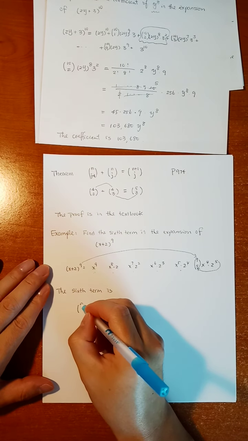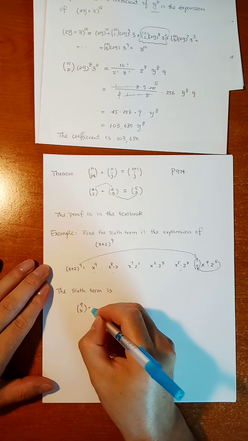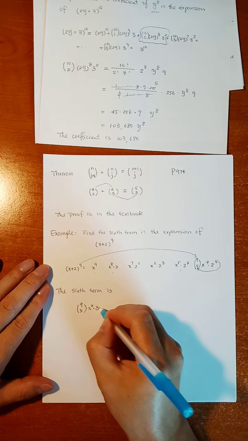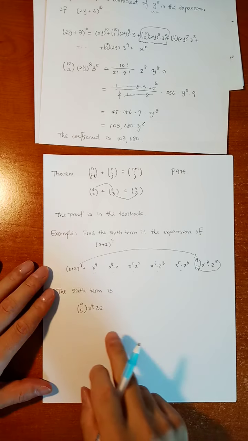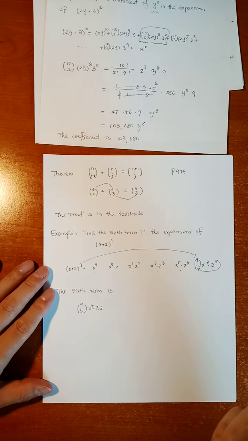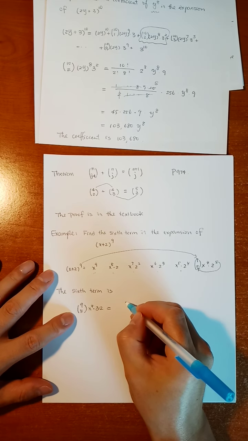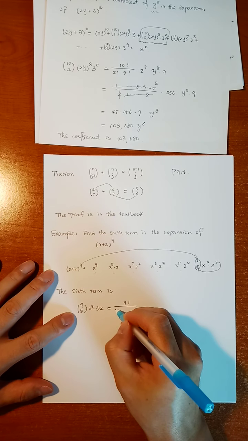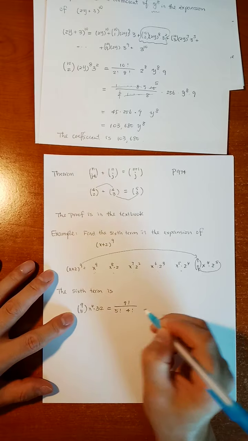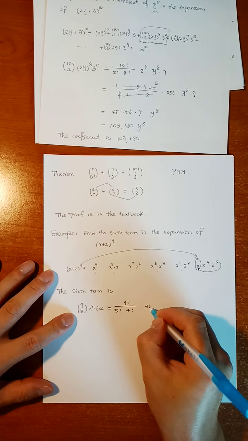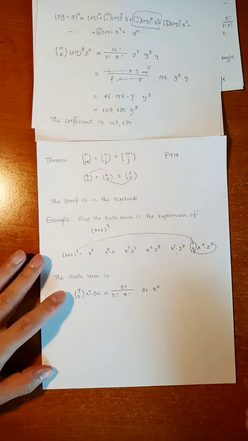So the 6th term is 9 choose 5 times x to the 4th power times 2 to the 5th. What is 2 to the 5th? Check it, 2 to the 5th is 32. And 9 choose 5 is 9 factorial over 5 factorial times 4 factorial, since 9 minus 5 is 4. And we have 32 x to the 4th power.